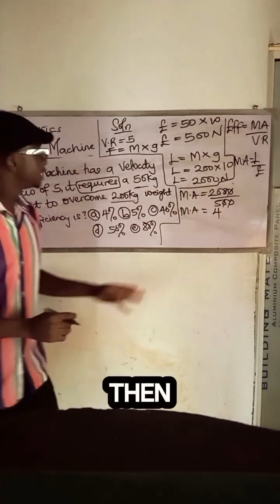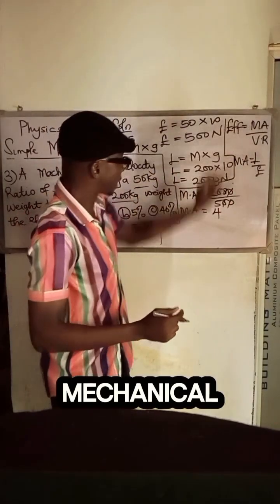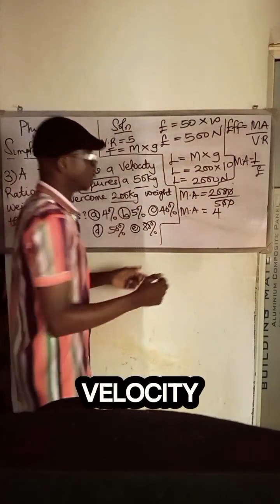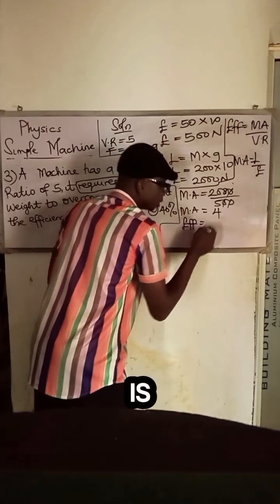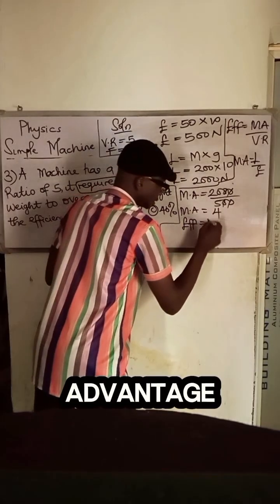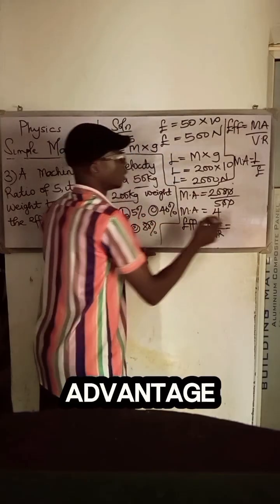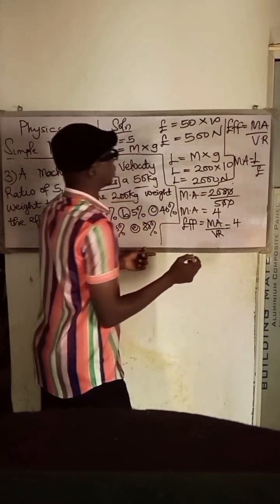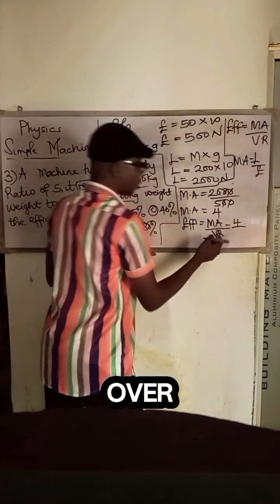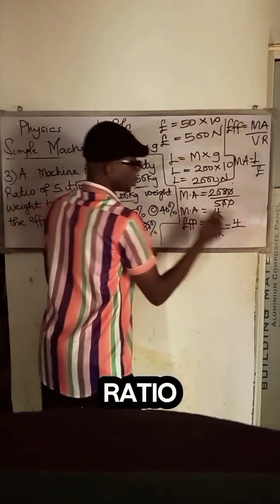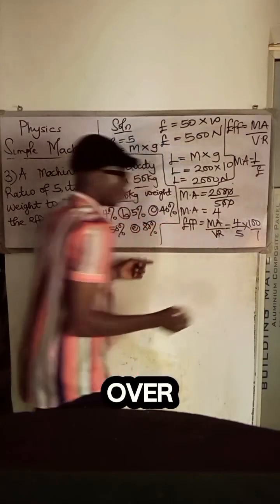Can you see? Then we can now calculate for the efficiency because we've gotten the mechanical advantage and they gave us the velocity ratio. So efficiency is equal to mechanical advantage over velocity ratio. The mechanical advantage is 4. It's in percent. 4 over the velocity ratio, which is 5, times 100 over 1.